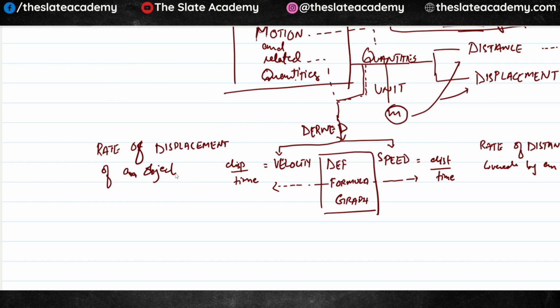Acha, along with the formula, we need to know unit as well. So unit is meters per second since it's displacement by time, and the unit for distance by time is also meter per second, right?